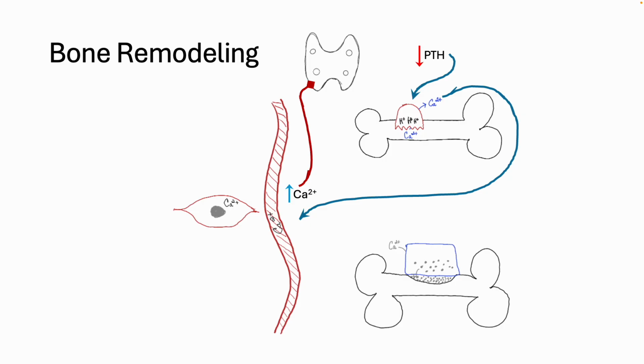So if blood calcium levels go too high, you're no longer going to stimulate the parathyroid gland to secrete parathyroid hormone. Parathyroid hormone goes down.